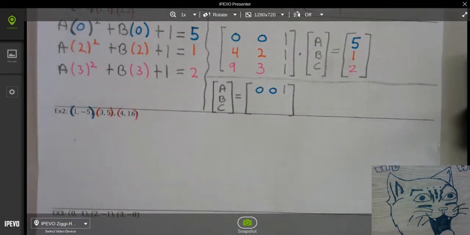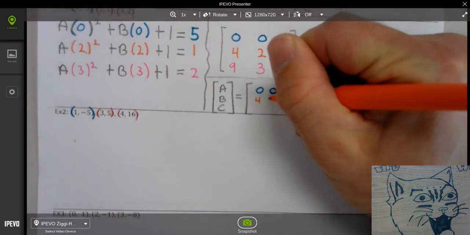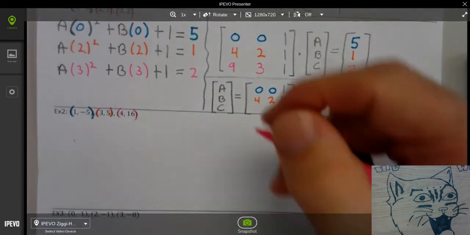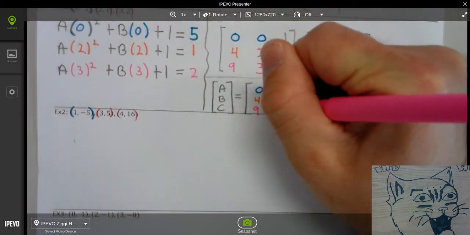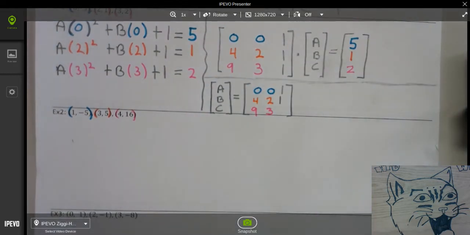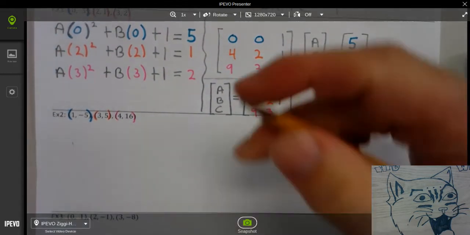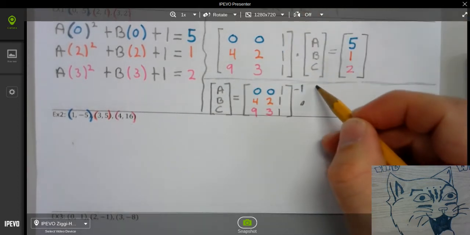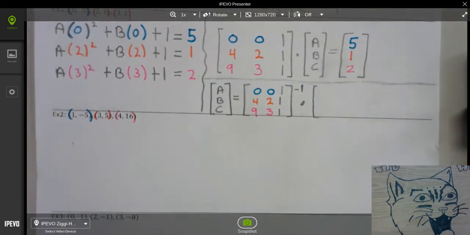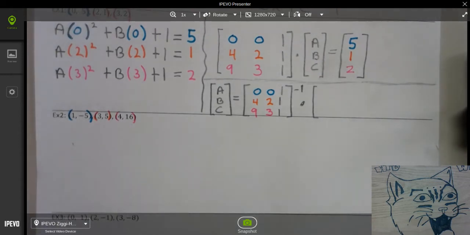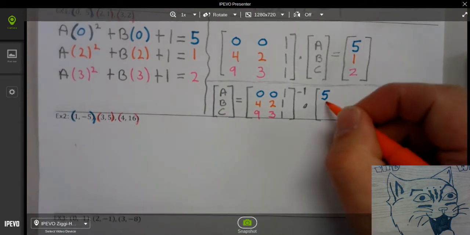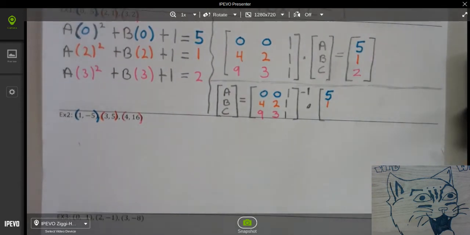All right, so let's look at that: 4, 2, 1, and 9, 3, 1. Inverse of that times 5, 1, 2.